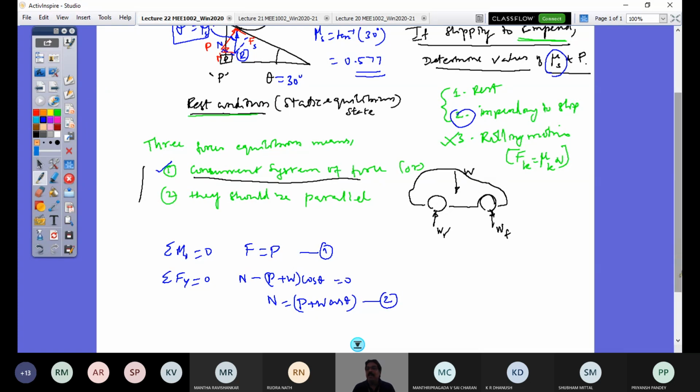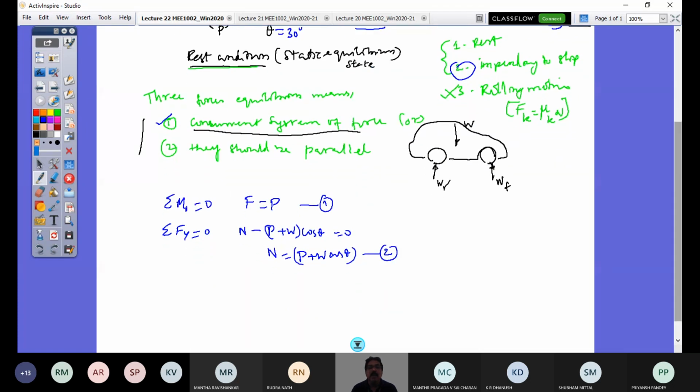Now what is my third equation? Having the third condition of equilibrium, sigma Fx equals 0, considering this positive here, and here counterclockwise positive. This convention always put, that's a good practice. So what is that I will have here?